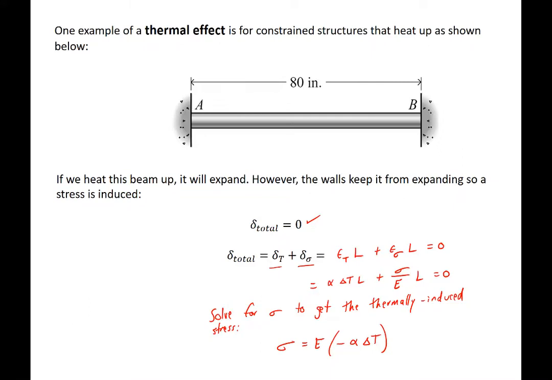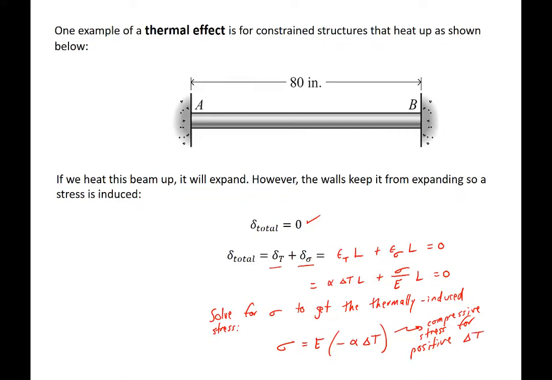And if our delta T is positive, then this is going to be a compressive stress for positive delta T. Right? Which kind of makes sense.